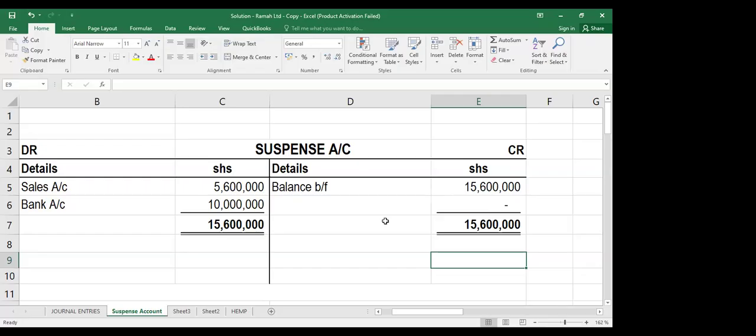But at the end of the day, your suspense account has to completely balance off to zero. The total this side is equal to the total this side. So it means it has canceled. Everything is completely out. It's on zero. We don't have a balance in that suspense account.